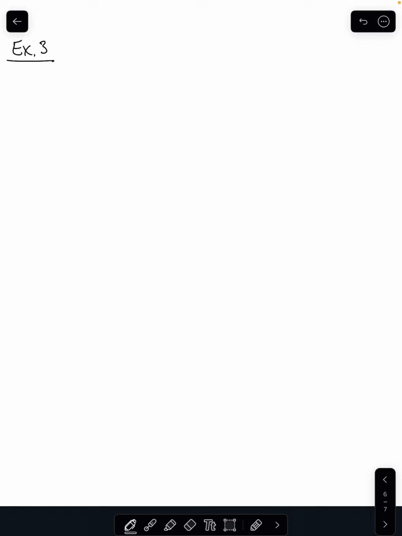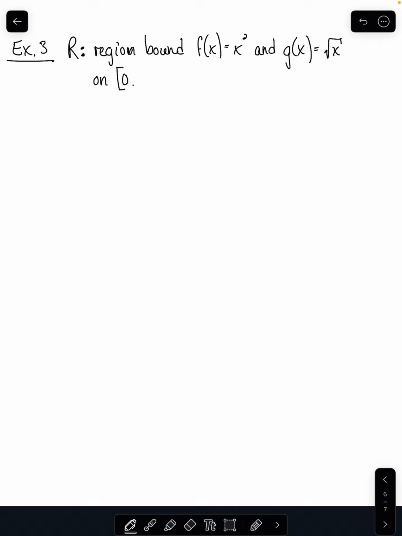This is example 3. Let's use the function that we were just looking at. Let's let R be the region bound by the graphs of f of x equals x squared and g of x equals the square root of x on 0 to 1. And then let us have that be rotated about the x-axis.